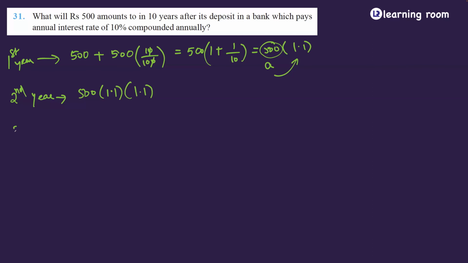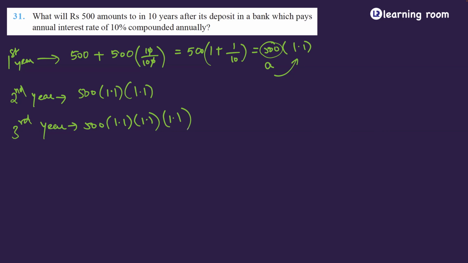So at the end of third year, this 500 into 1.1 into 1.1 is the principal amount for the beginning of the third year. At the end of the third year, you will have this 1.1 multiplied again. So it keeps going like this.